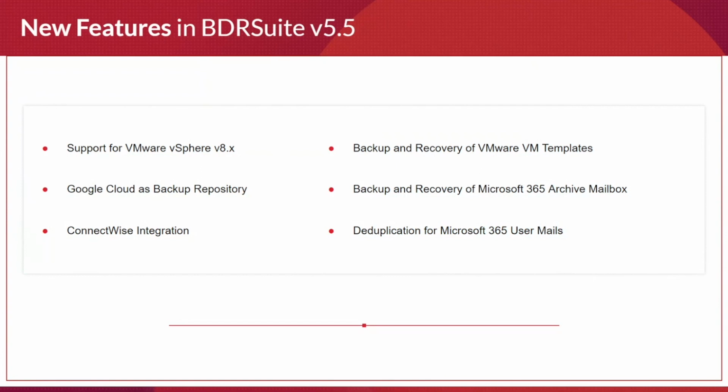Now, based on customers' requests, we have also integrated Google Cloud storage, mainly introduced in version 5.5. So you now have four storage options that you can add as your primary storage repository to the backup server. It can be your primary, or even your second copy, but basically it's a backup repository that you can add to the backup server.